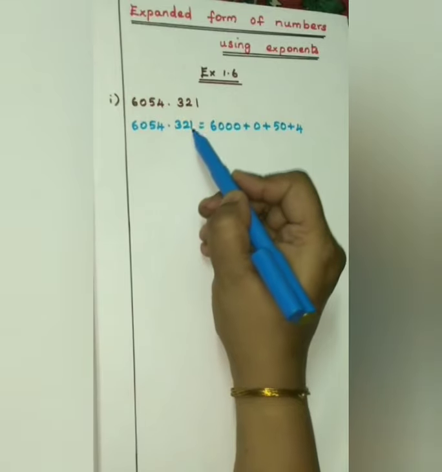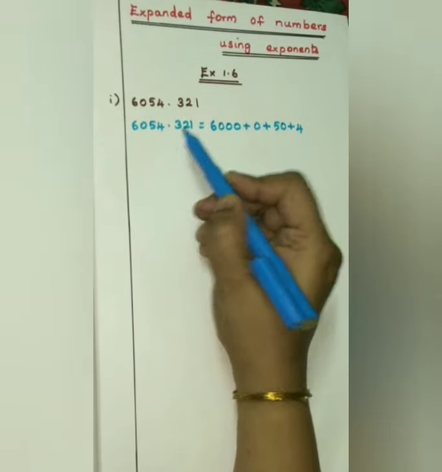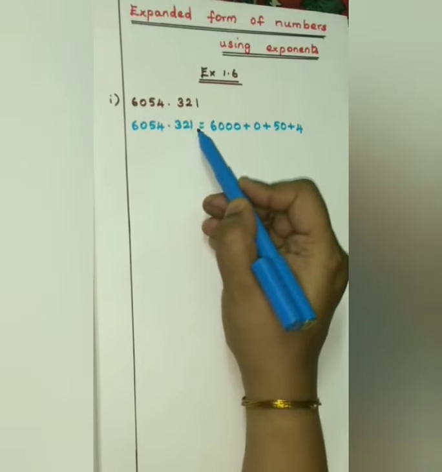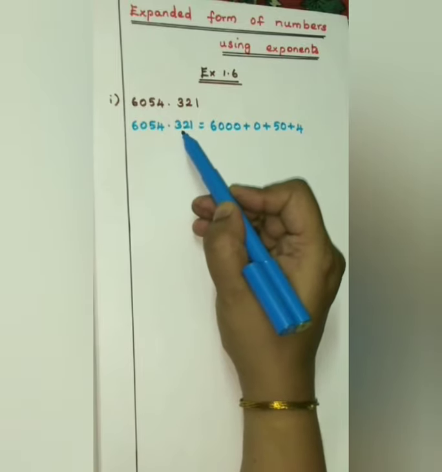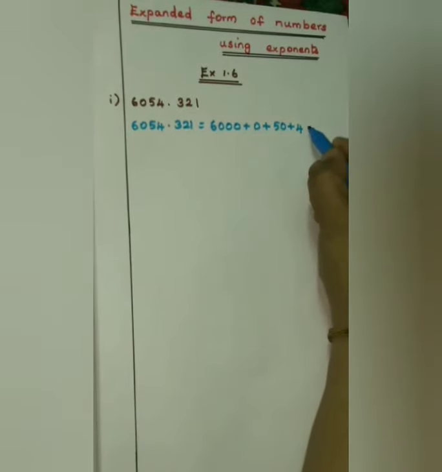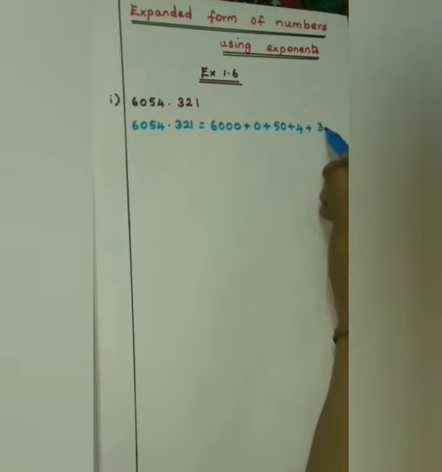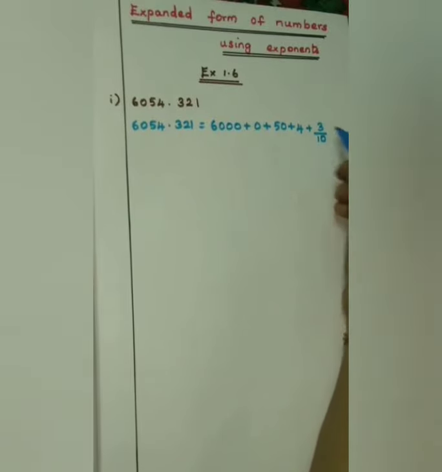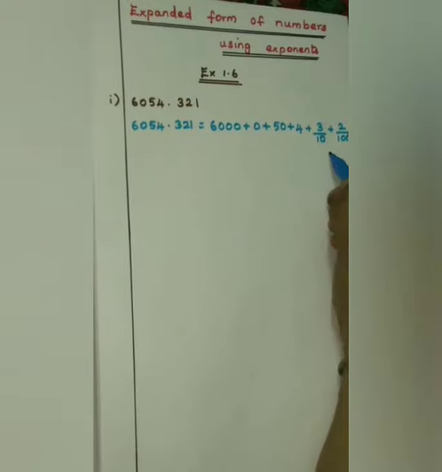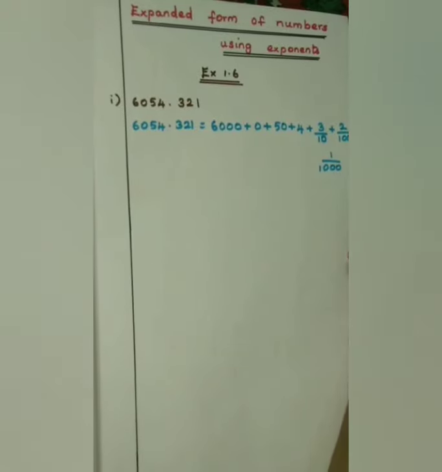Now come to the digits that come after the decimal point. What is that? 3, 2, 1. 3 is in tenth place. So write 3 by 10 plus 2 by 100 plus 1 by 1000.